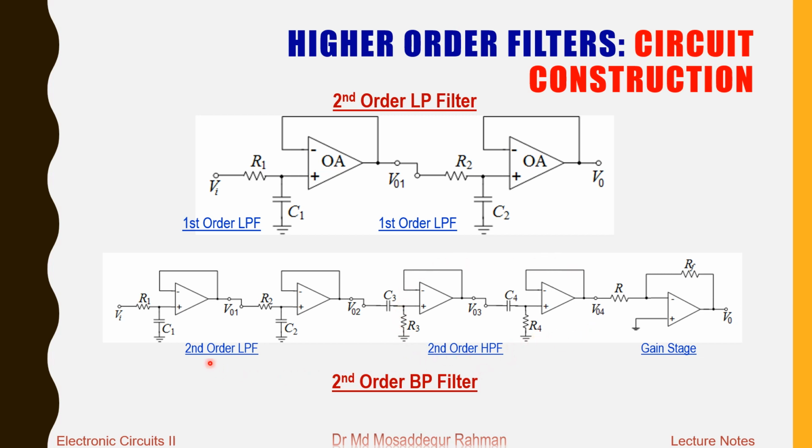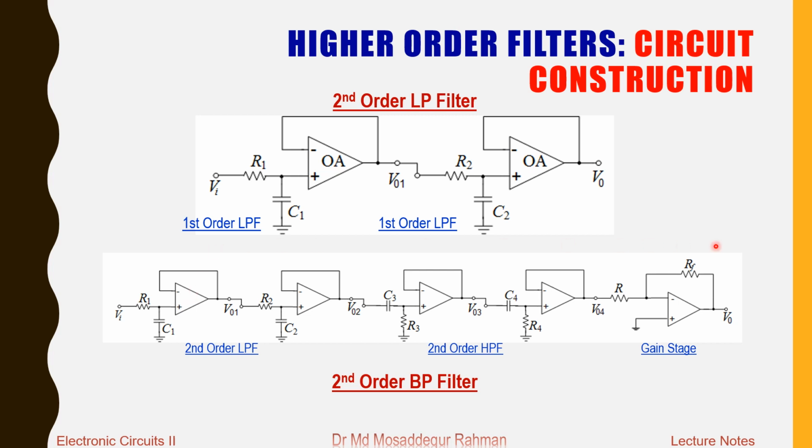So both at the high frequency end and at the low frequency end we get a fall of gain of 40 decibel per decade, resulting in a second order band pass filter by definition.